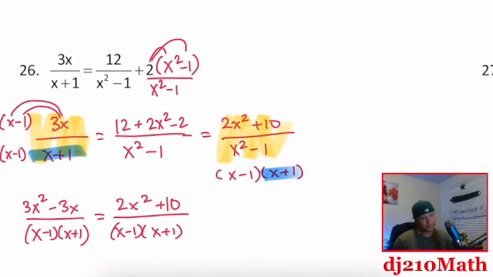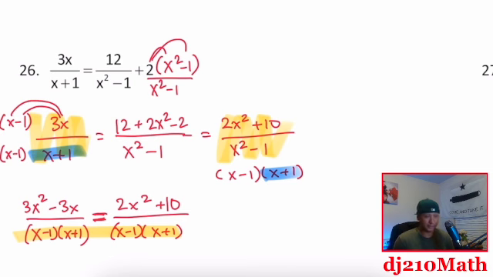Okay. Now, here's the little secret. They're equal to each other. The denominators right now are the same, right? Across the board, x minus 1, x plus 1, x minus 1, x plus 1.